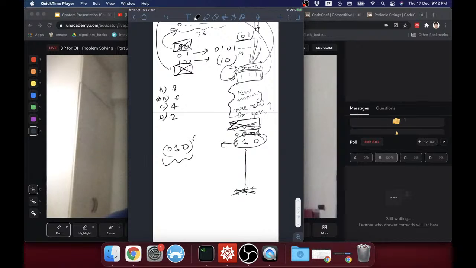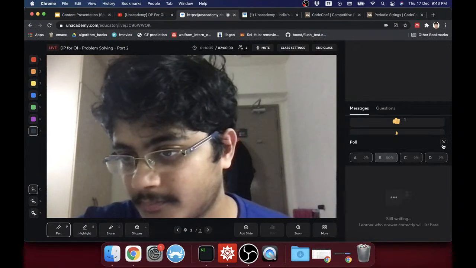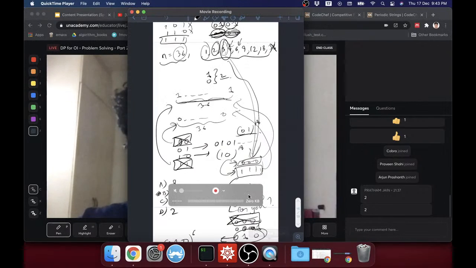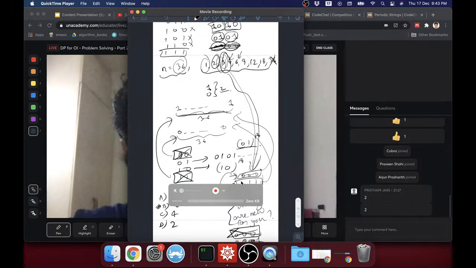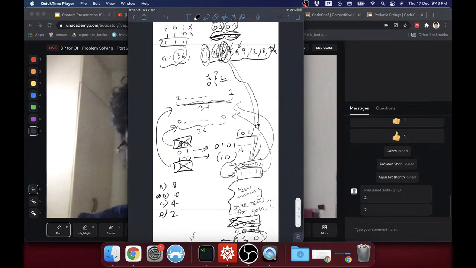Okay. So you have some sort of intuition or pattern that each of these elements contributes some periodic strings to 36, but they have overlaps or overcounting issues. Sometimes 3 contributes something which has already been contributed by 1 or something of that sort. Correct?